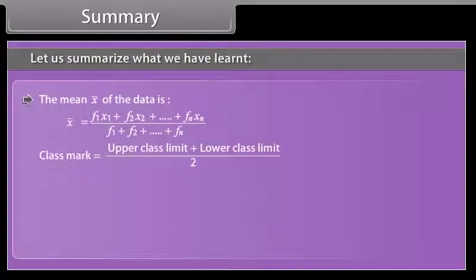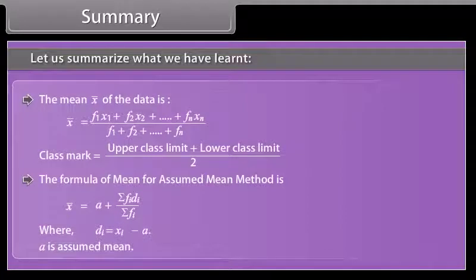Class mark equals upper class limit plus lower class limit upon 2. The formula of mean for assumed mean method is assumed mean plus summation of the product of fi and di divided by summation of fi, where di is equal to xi minus a. a is assumed mean.